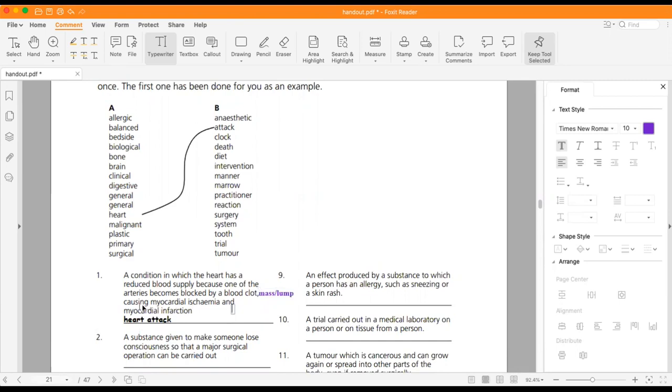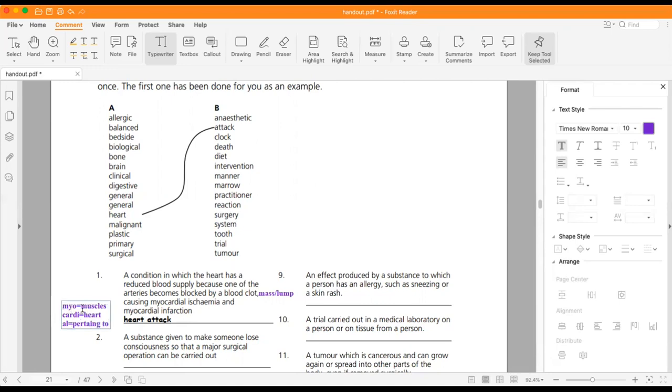All right. Causing myocardial. What is the meaning of myocardial? As we have taken in the first lecture about medical terminology, myo means muscles, referring to the muscles, and cardio or cardi means heart, and al means pertaining to.